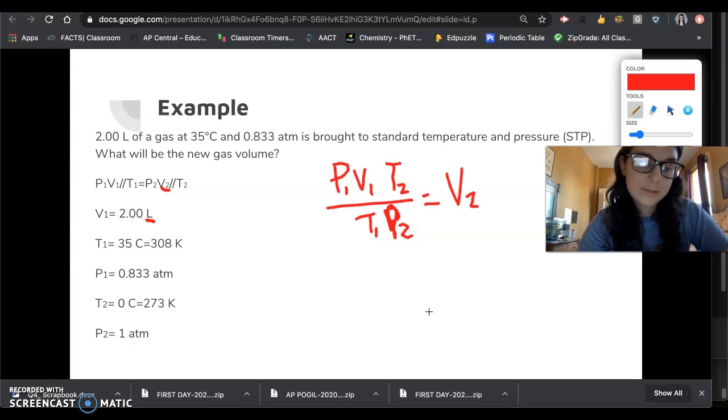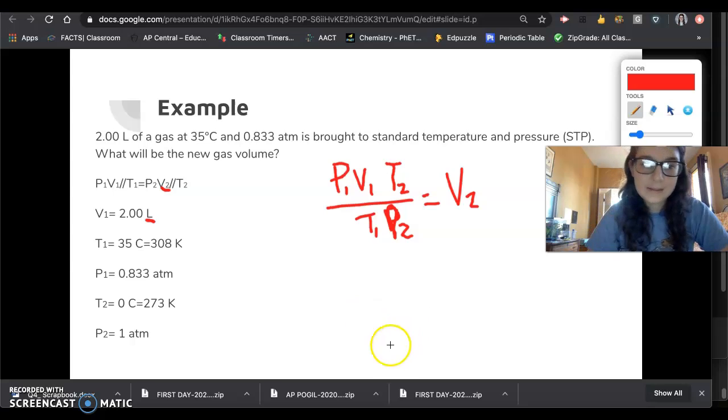So P1 is 0.833 times V1, which is 2, times T2, which is 273. Divide that answer by T1, which is 308, times P2, which is 1. And I get an answer of 1.48 liters. So that is my V2.